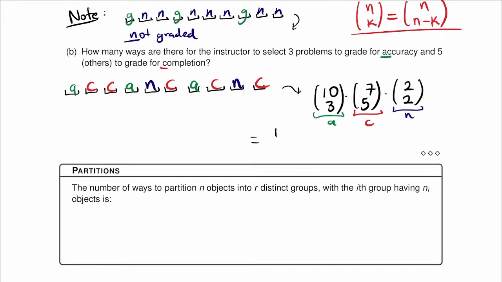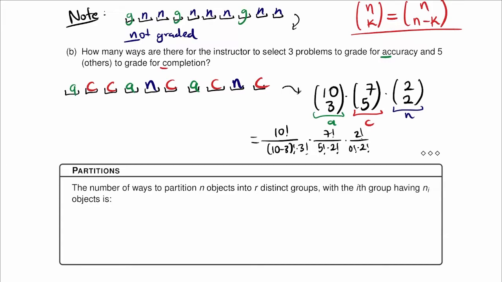This is going to be 10 factorial over 10 minus 3 factorial times 3 factorial, times 7 factorial over 5 factorial times 2 factorial, times 2 factorial over 0 factorial times 2 factorial.